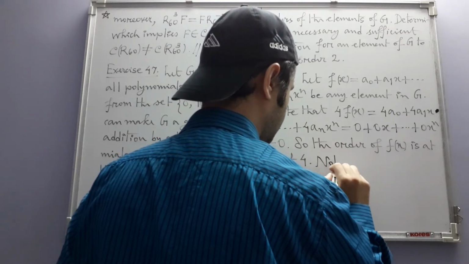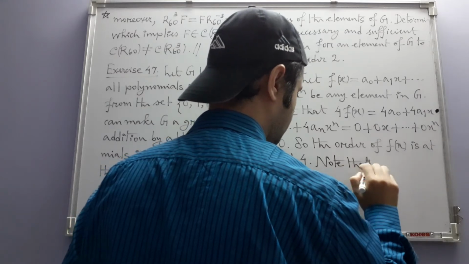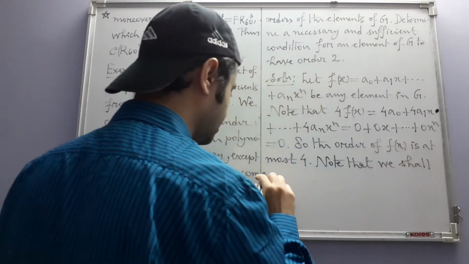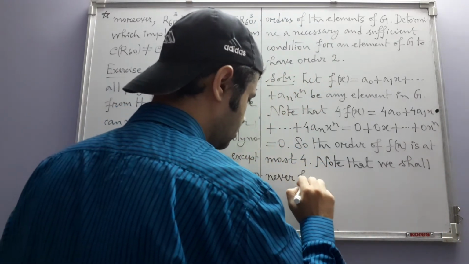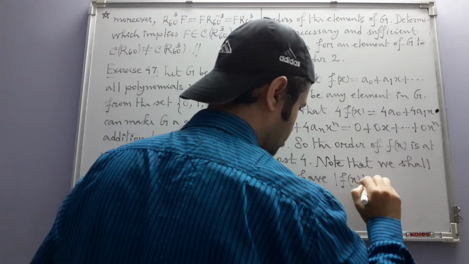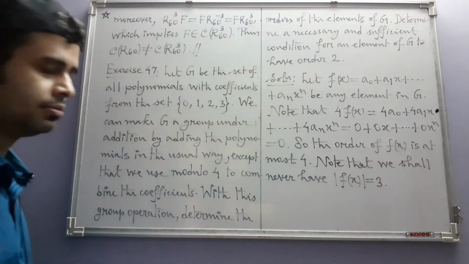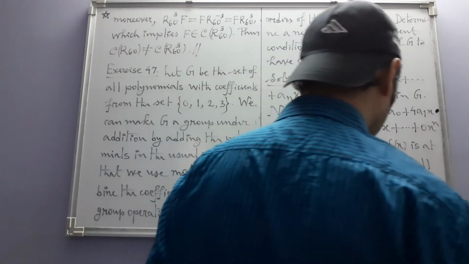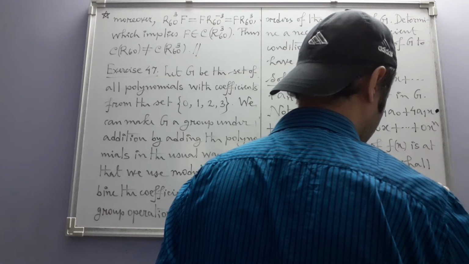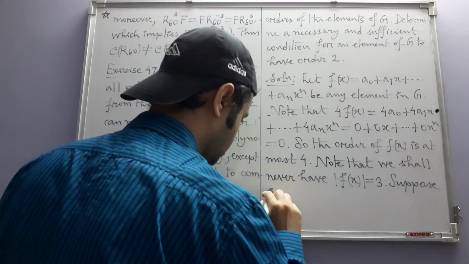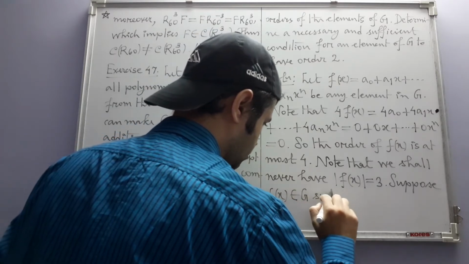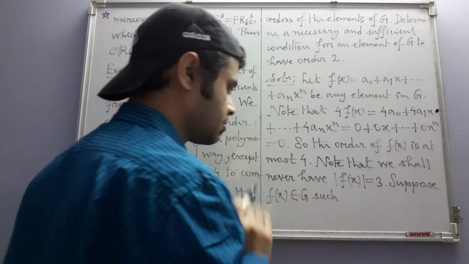Note that we shall never have order of f(x) equal to 3. Okay, why, you may ask? Suppose f(x) belongs to G. Suppose there is such a polynomial whose order is 3.